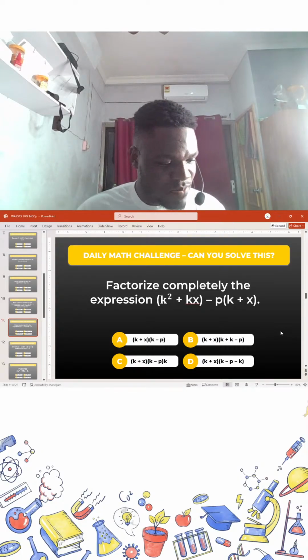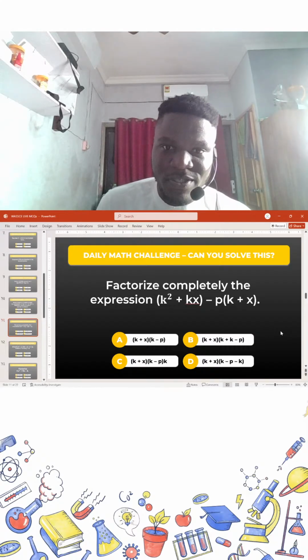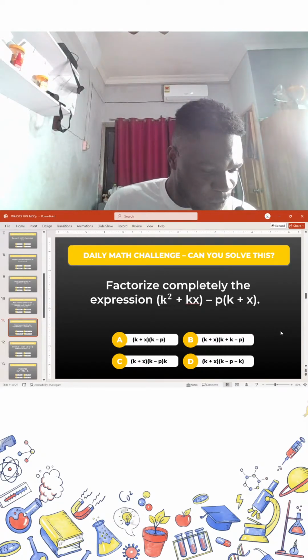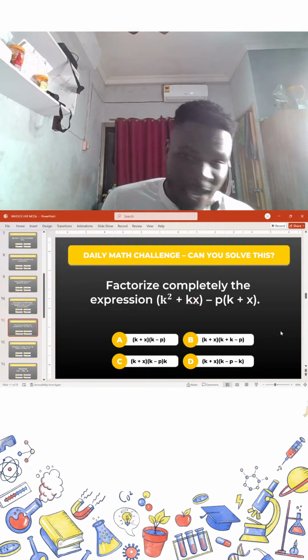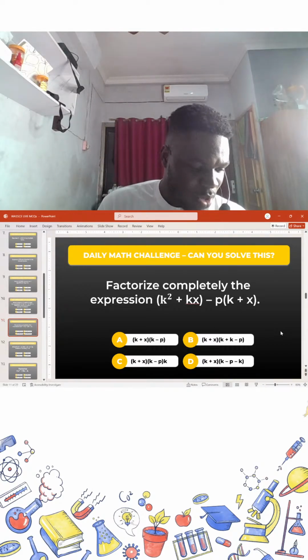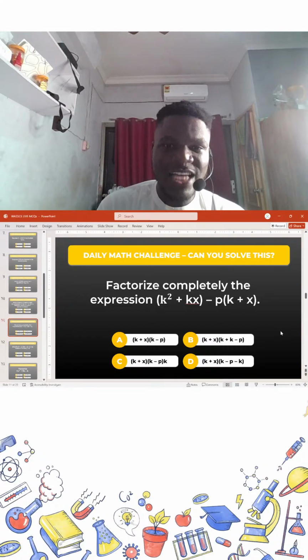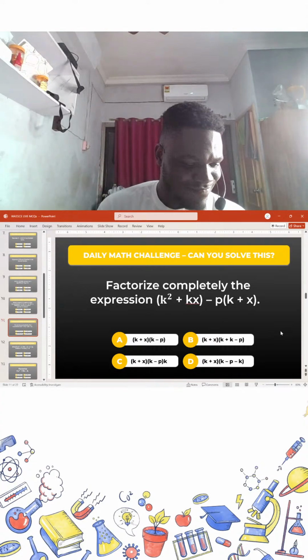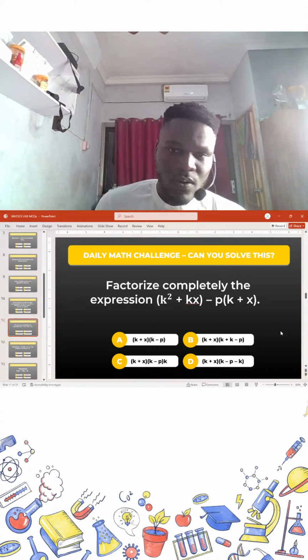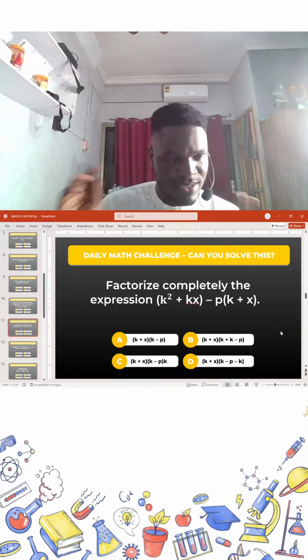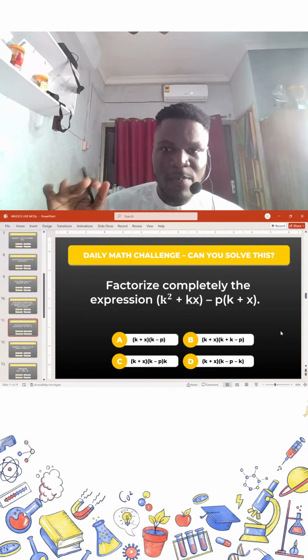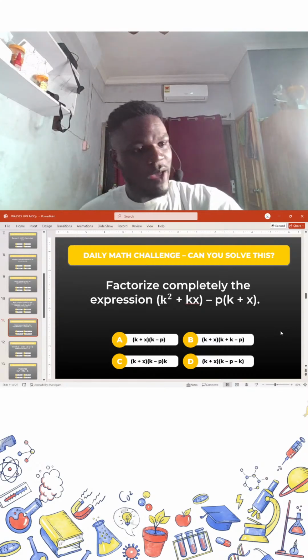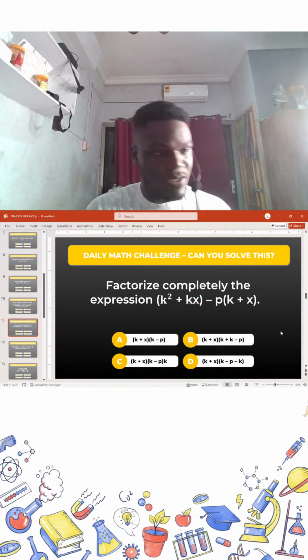Here we have to factorize completely the expression k squared plus kx in one bracket minus p outside bracket k plus x in one bracket. Okay, we have to factorize completely this particular expression, right?